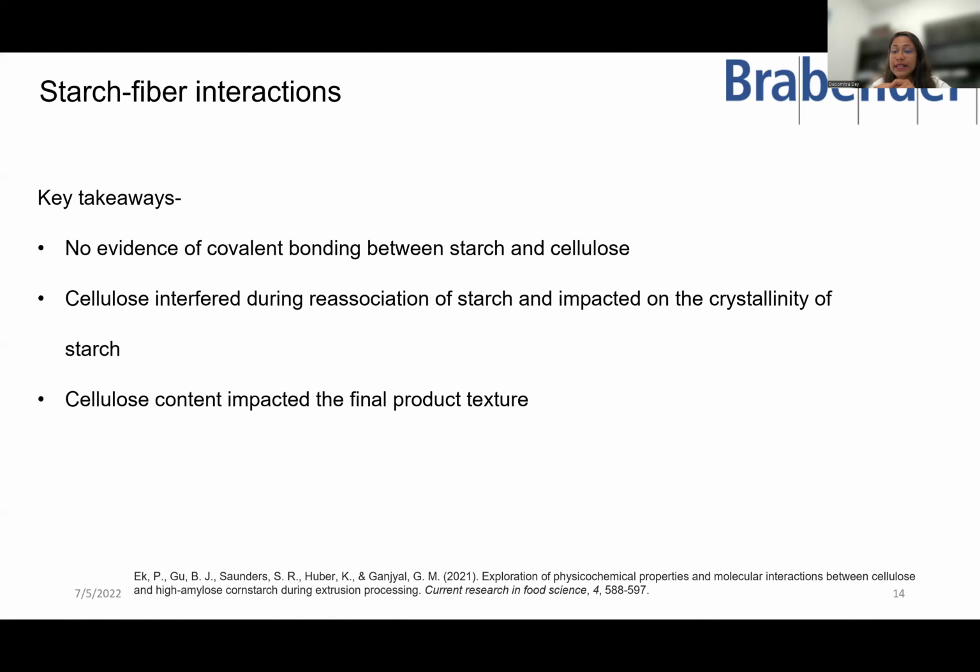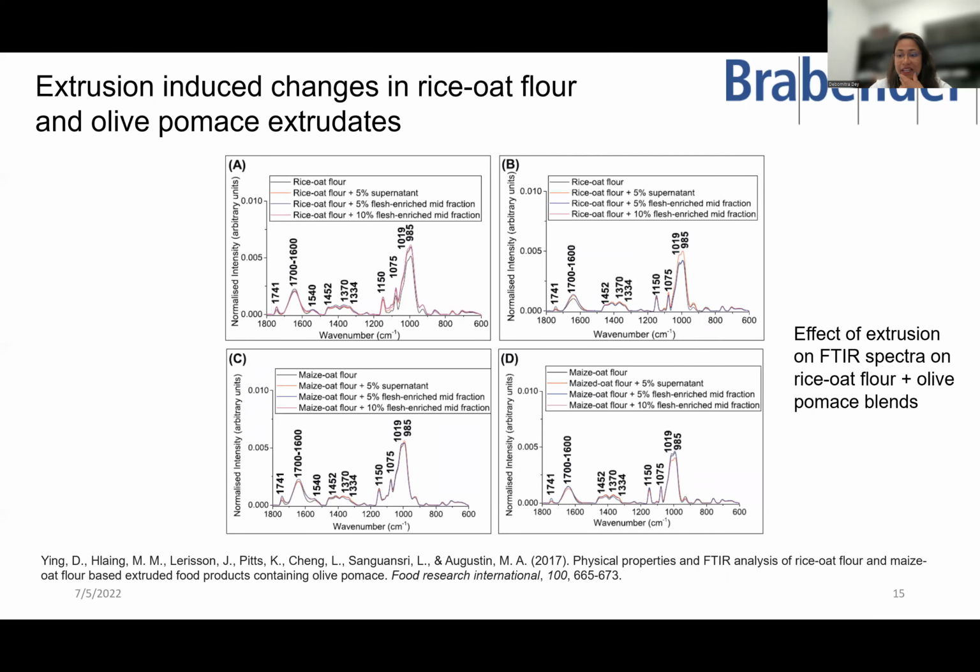of starch realignment, and that's the reason the products had a lower amount of expansion, or the texture of the product was bad. And this is one thing that the authors found was supporting why the structure changes with increase in the amount of cellulose. Similarly, we have another study where the authors studied the extrusion-induced changes in rice, oat flour, and olive maize extrudates.